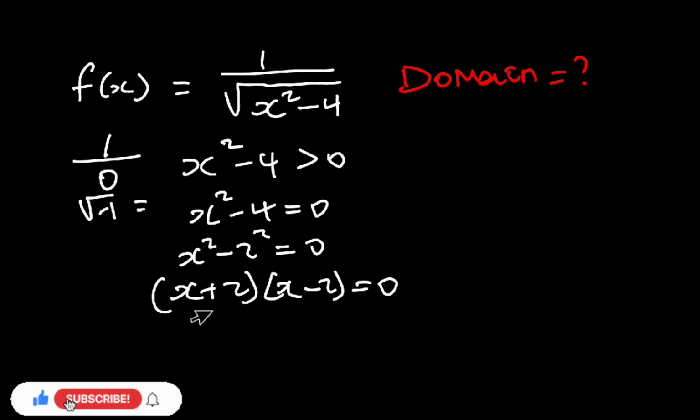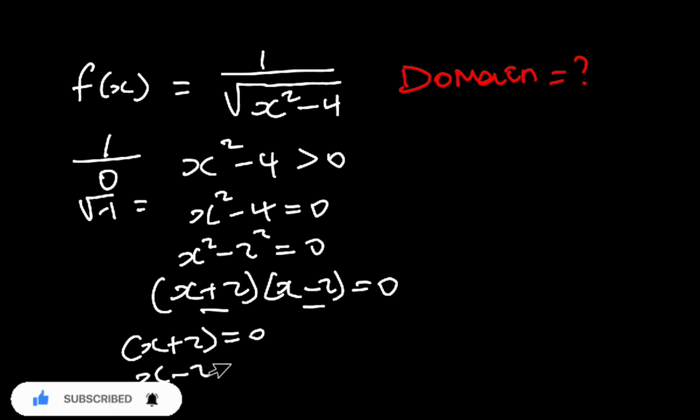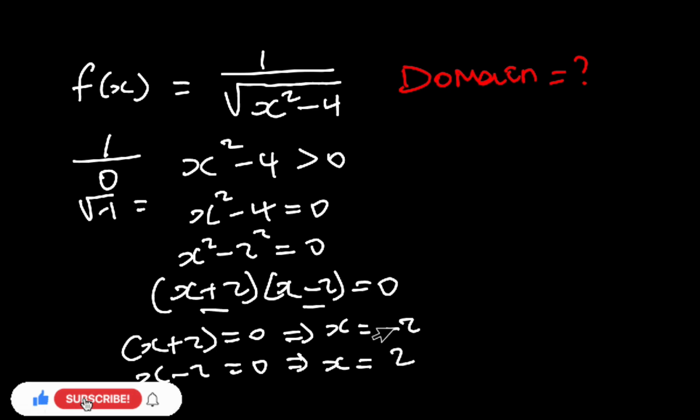So let's set each of these to 0. We have x plus 2 equals 0 and x minus 2 equals 0. So here x is equal to negative 2 and here x is equal to 2. These two numbers are our critical values.